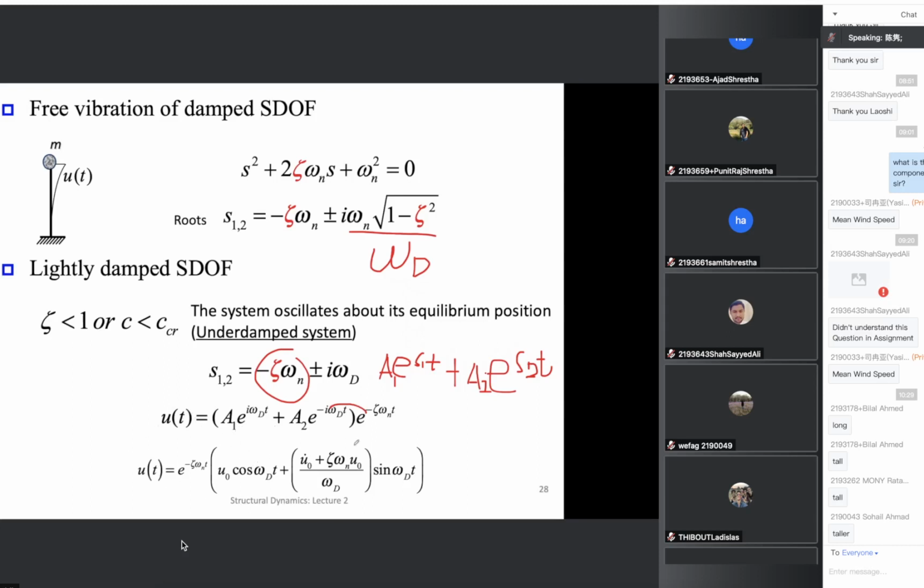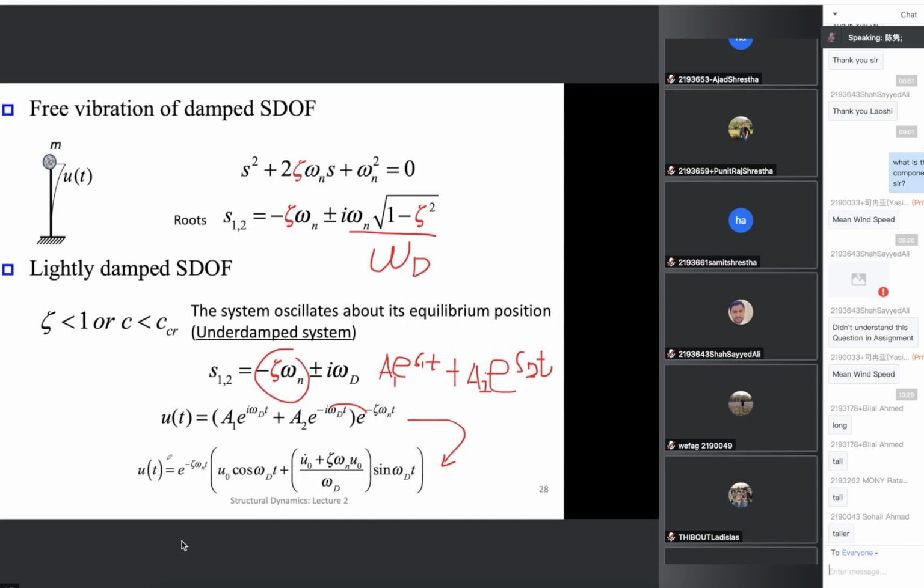So finally, you get this equation. You can derive this after class, from here to here. This is the final solution, the expression for the lightly damped system.